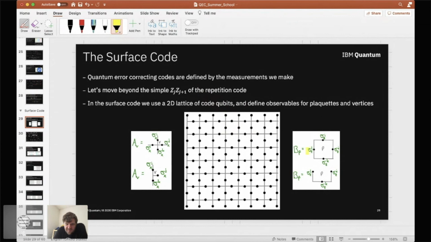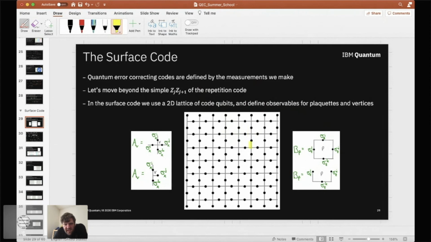It corresponds to this observable, which is the tensor product of Z operators. I've written them as sigma Z here rather than just Z, because often I write sigma Z for physical qubits and Z for logical qubits, but I'm not going to follow that convention completely throughout this.